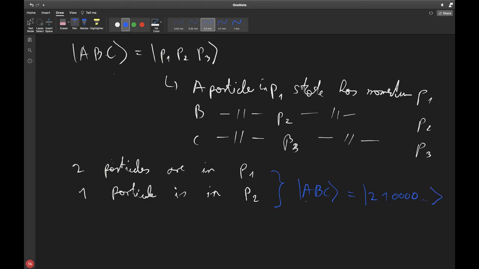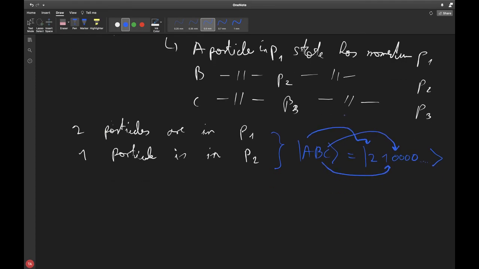And so that means that particle A is there twice, in momentum p1. Particle B is there once. Particle C isn't there anymore. And D and E and F are also not there at all. There is nobody in the third, fourth, whatever momentum state. So we don't really want to write out all of these zeros. So what we will just write here is that this is the 2, 1 state.